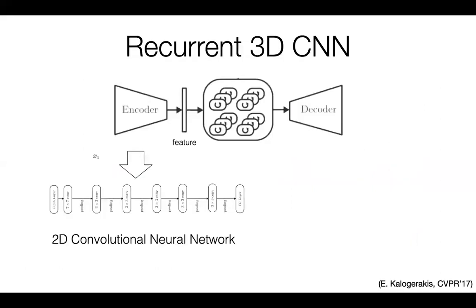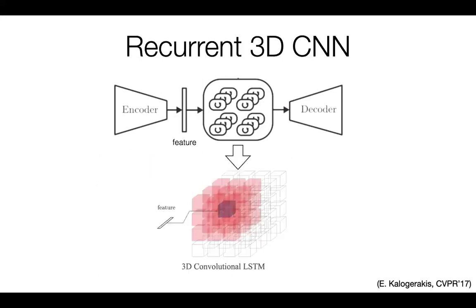So the structure of this recurrent 3D network is an encoder and a decoder, to be generative, right? The first part, the encoder, is a 2D convolutional neural network. And that 2D convolutional network is going to produce a feature, as we have seen before, right? That is going to be passed to this 3D convolutional LSTM, which is a recurrent network.